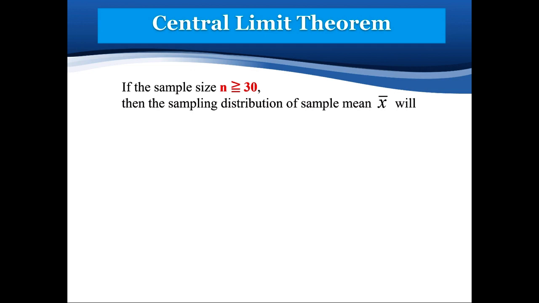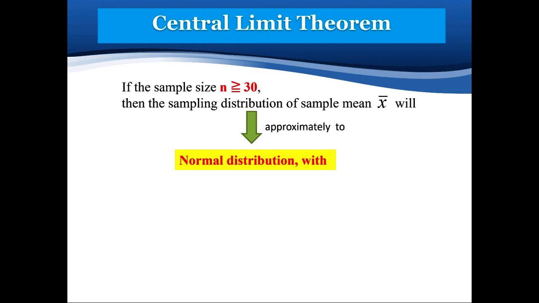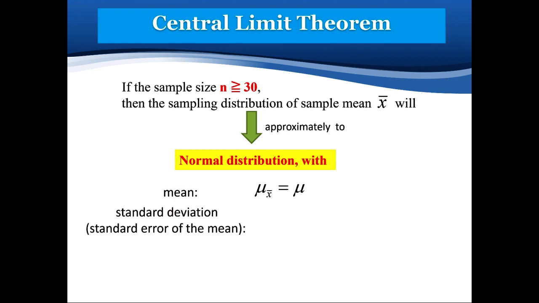That is, if the sample size n is bigger or equal to 30, then the sampling distribution of sample mean x bar will approximately be a normal distribution, with the mean of this normal distribution equal to mu, the population mean, and the standard deviation of this normal distribution, which is also called the standard error of the mean, equal to sigma divided by square root of n, which is the population standard deviation divided by the square root of the sample size n.